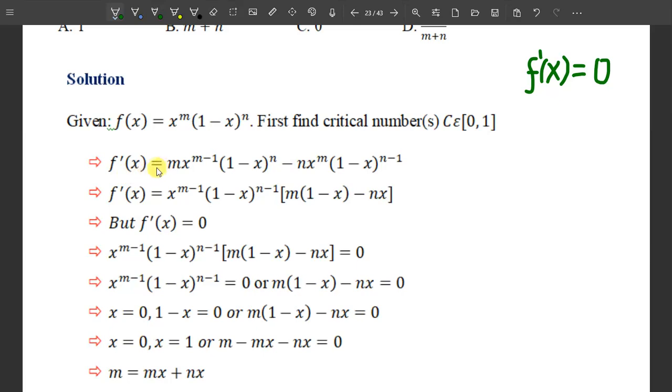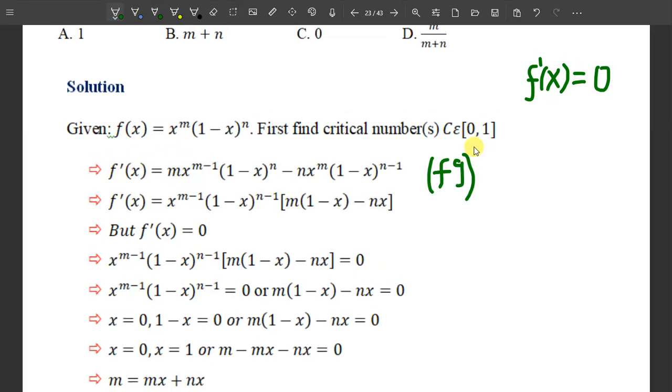f prime of x is equal to, now, to differentiate this function, what we have to do is apply the product rule of derivative. Product rule means, suppose f and g are two functions in x.